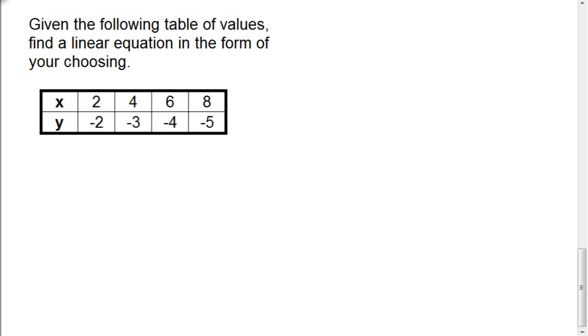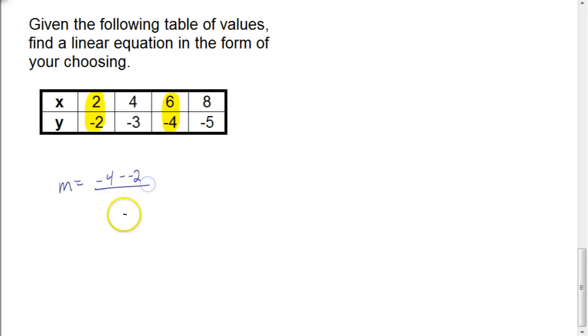Okay, let's see how you did. Your first step should have been to find the slope. And so the slope for this one, again, it doesn't matter which pair of points you use. Let's use the 2 and the negative 2, and we'll use the 6 and the negative 4. So I'm going to take my y's and subtract those. So it'll be negative 4 minus negative 2.